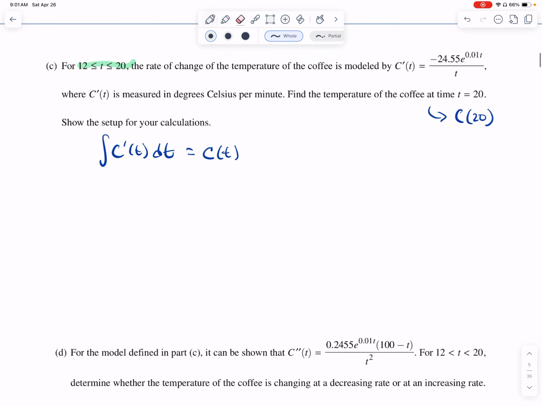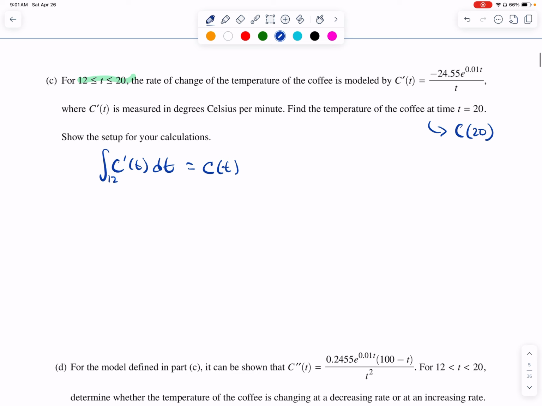So I'll put a 12 down here, 20 up here, which means that this would be evaluated from 12 to 20, which is equal to C of 20 minus C of 12. Now, we're looking for this thing, of course, but you might be scratching your head, well, how the heck am I supposed to get C of 12 based on this?